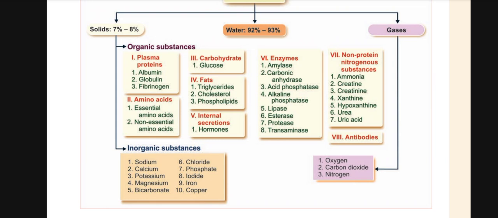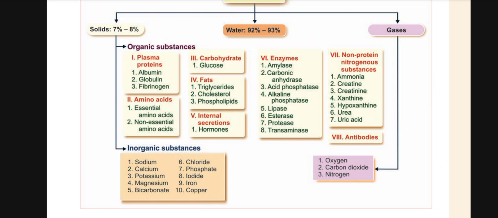And internal secretions like hormones, and enzymes like amylase, carbonic anhydrase, acid phosphatase, alkaline phosphatase, lipase, esterase, protease, transaminase, and non-protein nitrogenous substances or NPNs like ammonia, creatine, creatinine, xanthine, hypoxanthine, urea, uric acid, and antibodies.